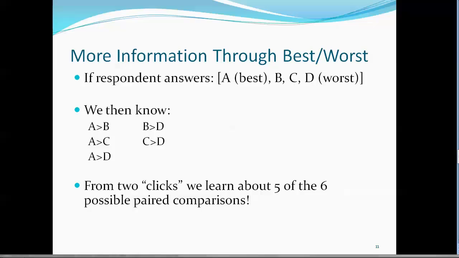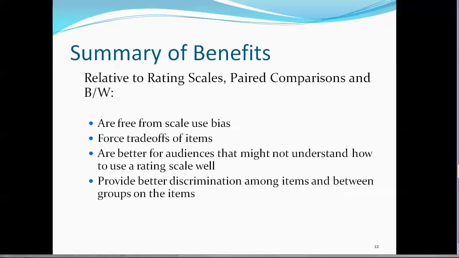We learn that A is greater than B, and A is greater than C and D. We learn that B is greater than D and C is greater than D. The only thing we don't learn about is the relationship between B and C. So, to summarize, relative to the standard rating scales, paired comparisons, and especially the sophisticated extension best-worst, are free from scale use bias, they force trade-offs of items, they're better for audiences that might not understand well how to use a rating scale, and they provide, importantly, better discrimination among the items and between groups of people on the items.